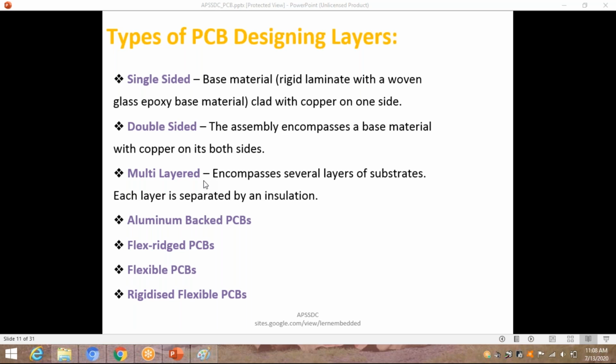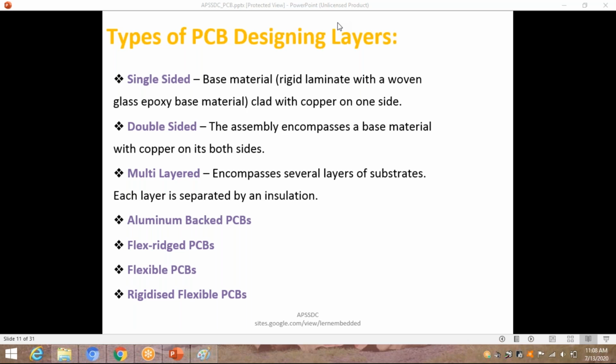As I have already told you, what are vias? Can anyone tell me? Vias. Electrical connections between layers. Yes, that's the right answer.